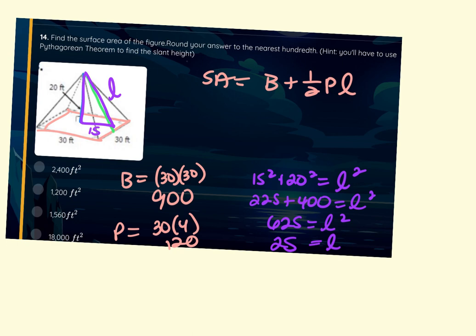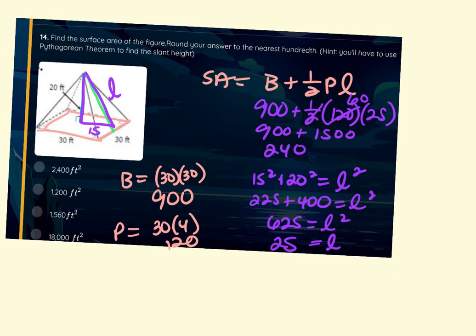So now I've got the base area is 900, 1/2 the perimeter is 120, and the slant height is 25. If I do a half, that's 60, 60 times 25, plus the 900, and you get 2400, which was the first one.